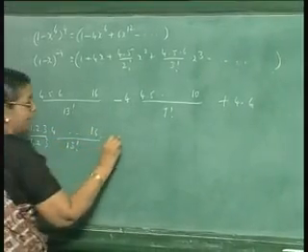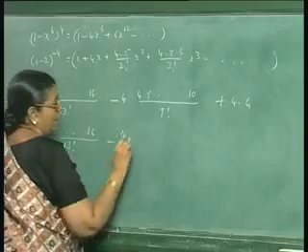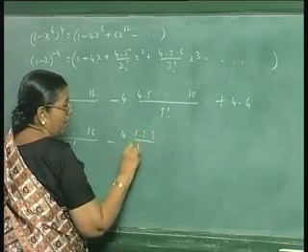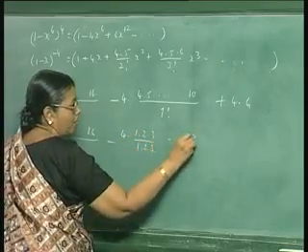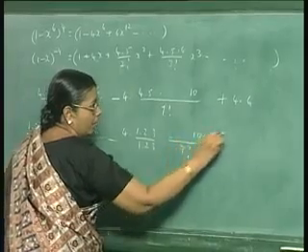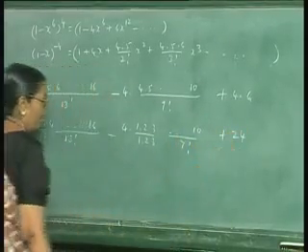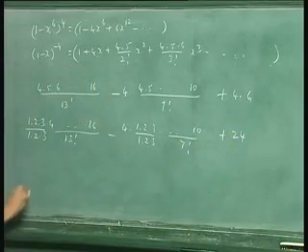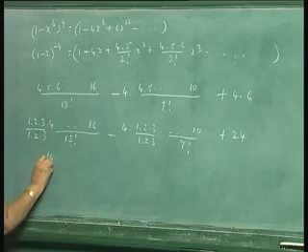And this is 35 into 16 minus 48 into 10 plus 24.